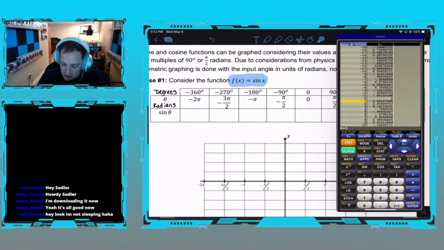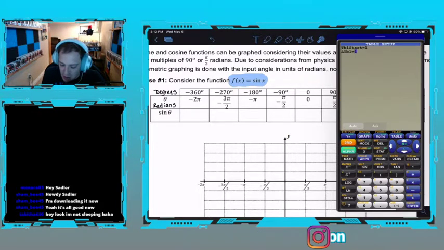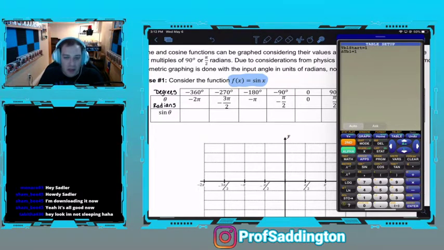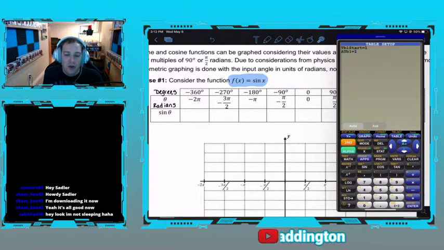But what you can do is I'm going to go back into that table set. And I'm going to hit second table set again, where it comes up with the number that we're starting with and what we're counting up by. And underneath, you're going to see something that says auto and ask. So you guys have always had your calculators, even in class, it's always been set to auto.